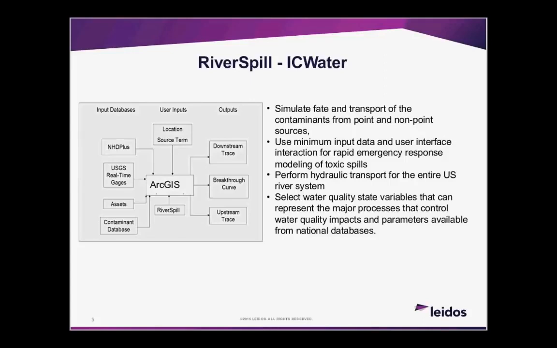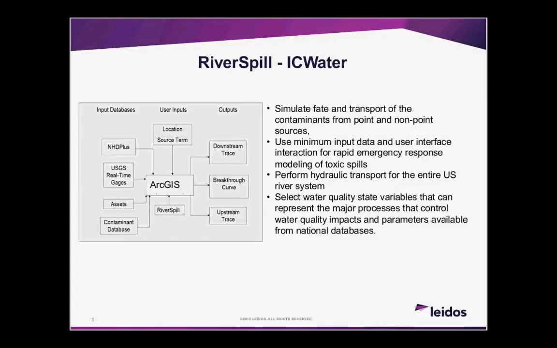And then also a contaminant database, which has several hundred contaminants ranging from chemical, biological, and radiological materials, with information about their toxicities, maximum contaminant levels, and physical and chemical properties used for modeling. This system is GIS-based.